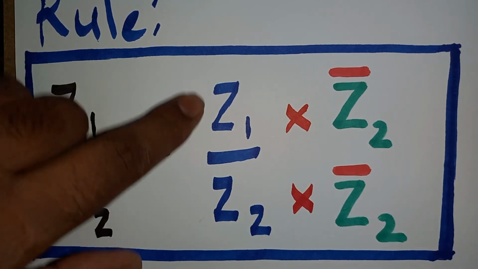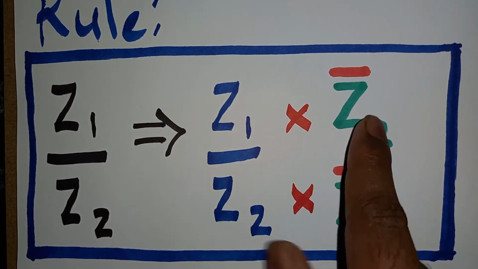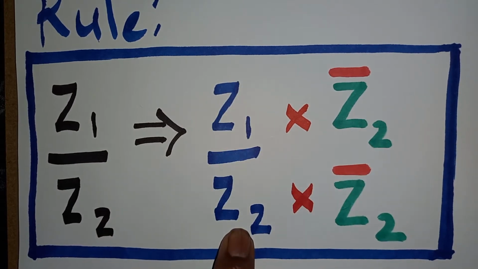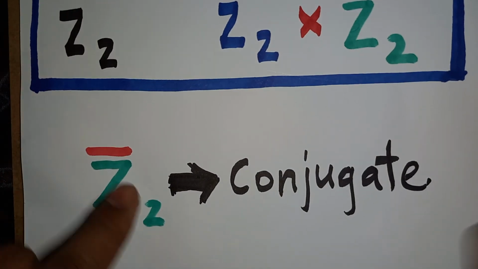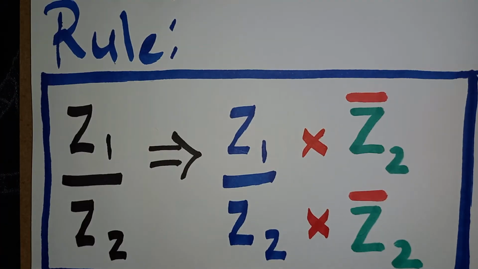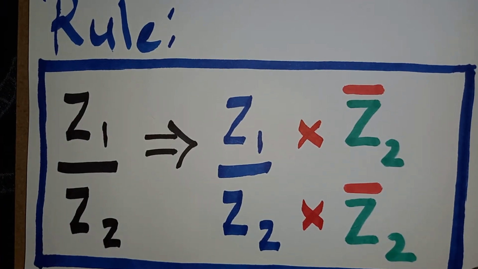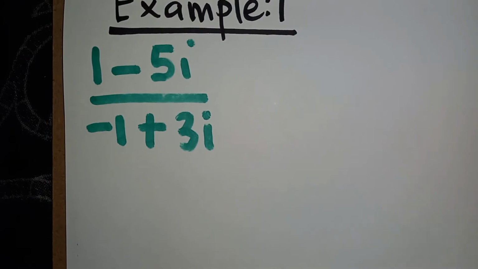So that means when you have two complex numbers being divided, you multiply by the conjugate of the denominator. Okay, so I've written here z2 conjugate. Take note of that. That is what we are going to do in this video. Now let's look at some examples and see if we can divide them.